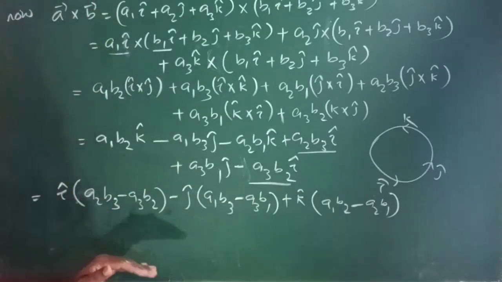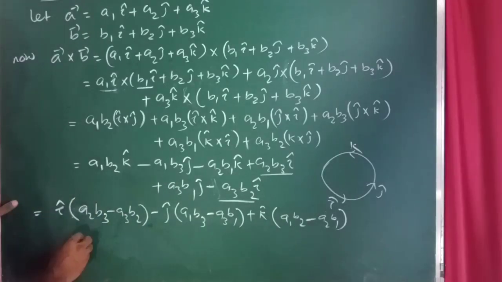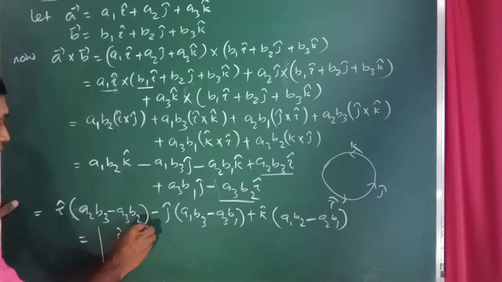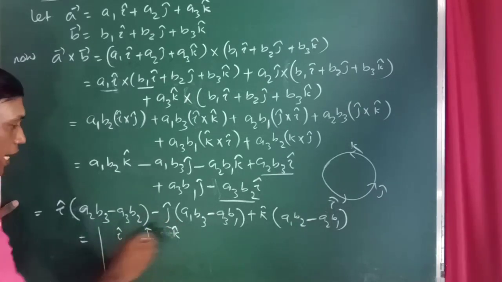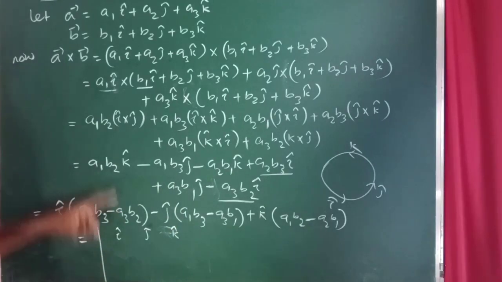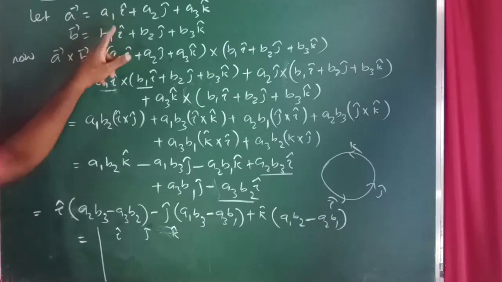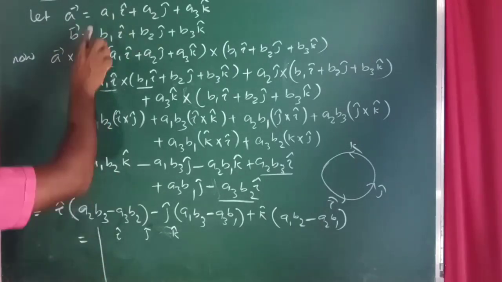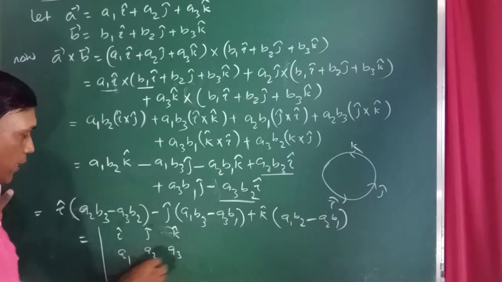But dear students, if you expand this, then you will find this is a determinant which is i j k, and first row is the unit vectors, second row is the components of A vector, A1 A2 A3.